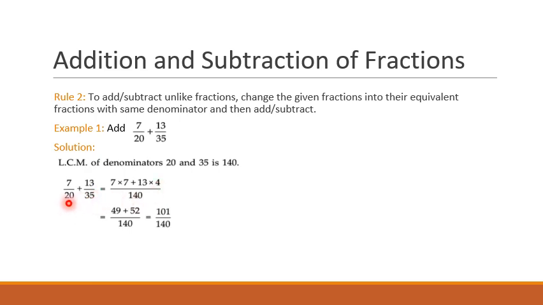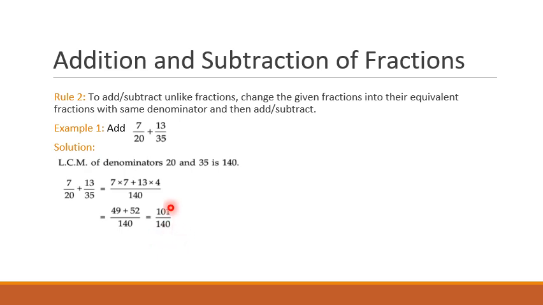So now multiply this fraction by 7 and this fraction by 4. Here I will get 7 multiplied by 7 plus 13 multiplied by 4, and the denominator becomes common, which is equal to 140. So I will get 49 plus 52 by 140, which is equal to 101 by 140.